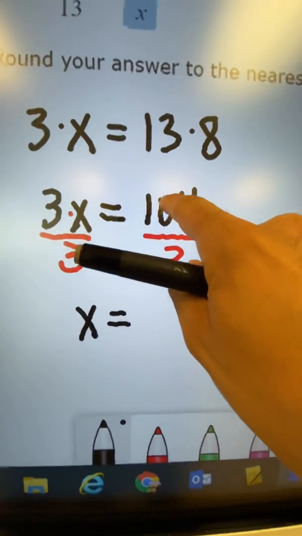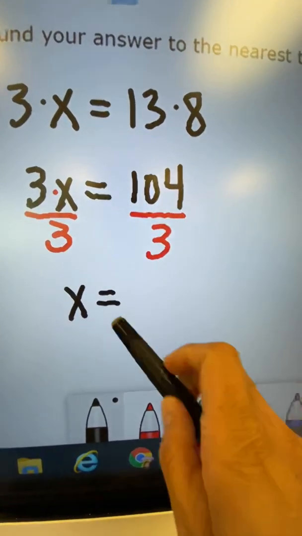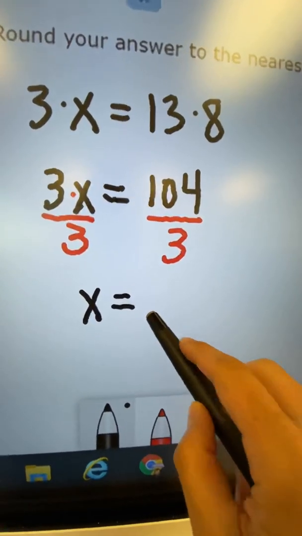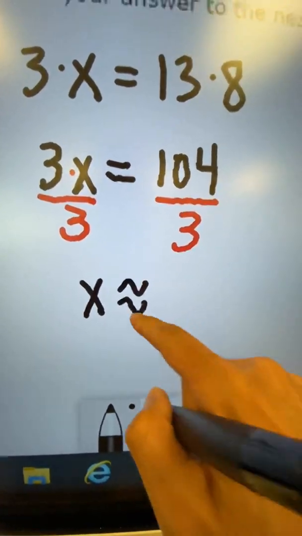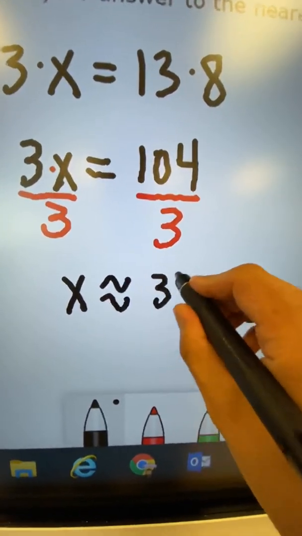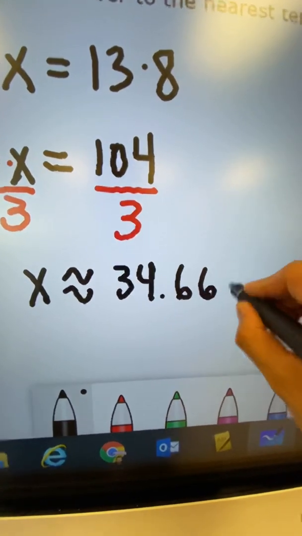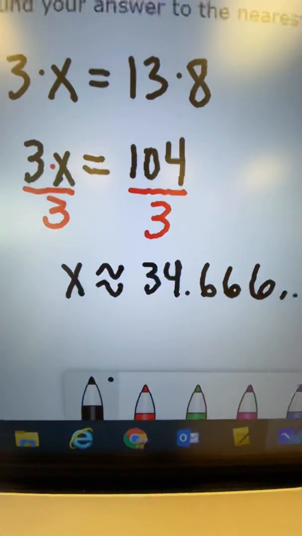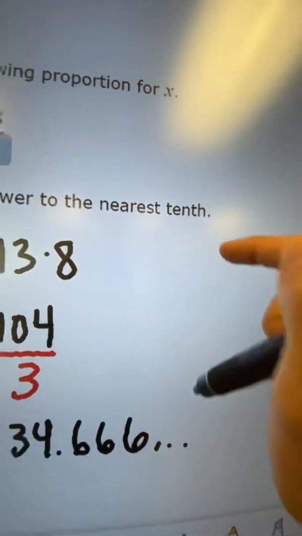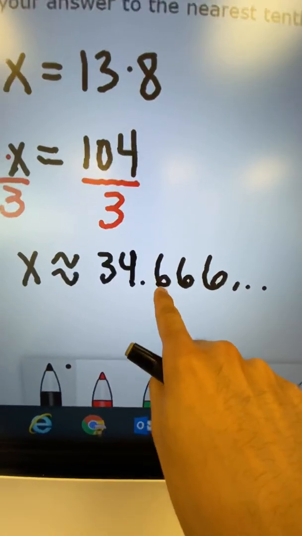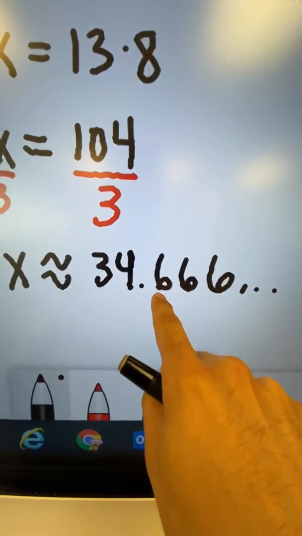And then when I divide 104 divided by 3, I actually get a decimal. So I'm going to put a little wavy equal sign. That means that I'm rounding. But basically it comes out to be 34.66. It keeps repeating the sixes. And they asked me, if you look here, to round to the nearest tenth. The tenths place is always the first value after the decimal to the right.